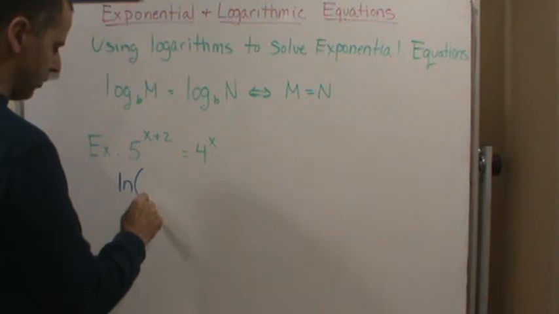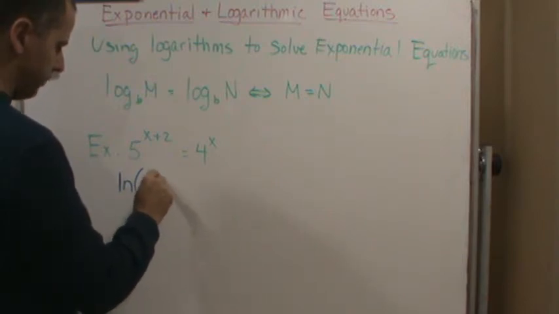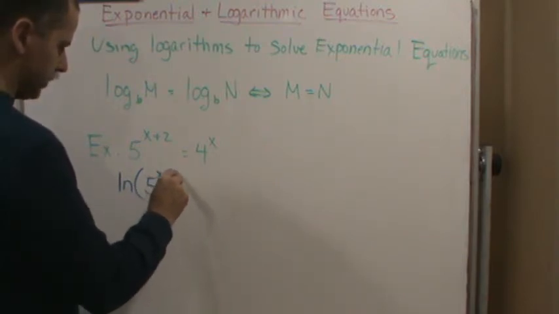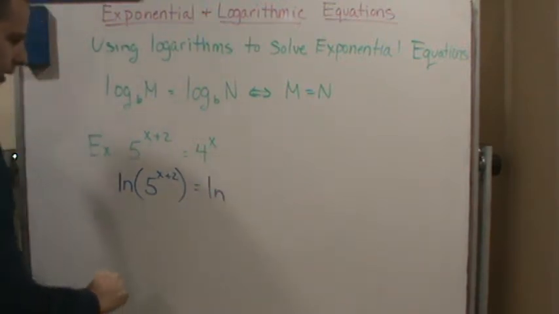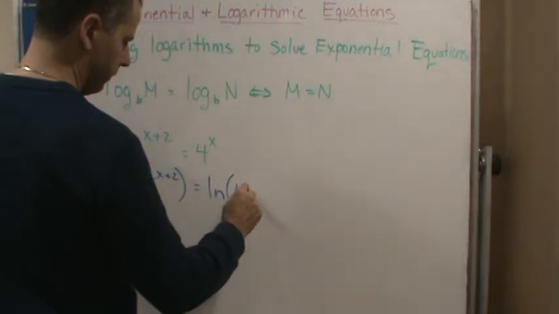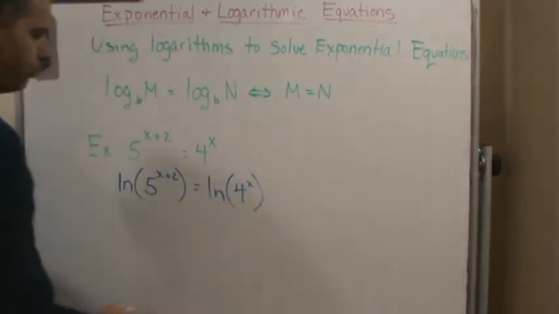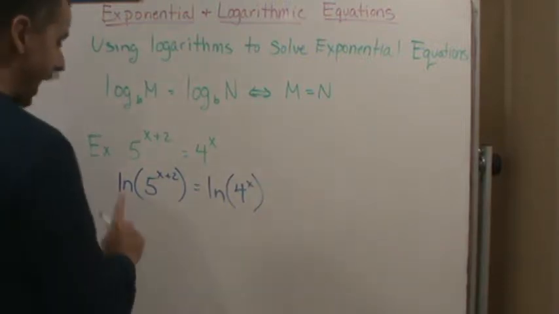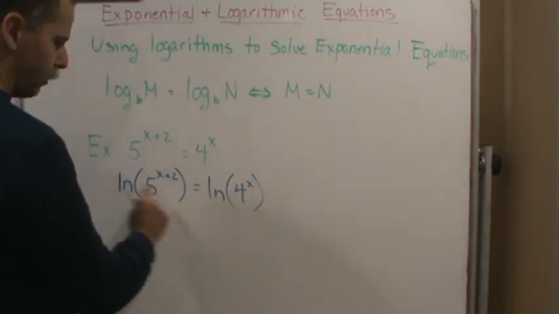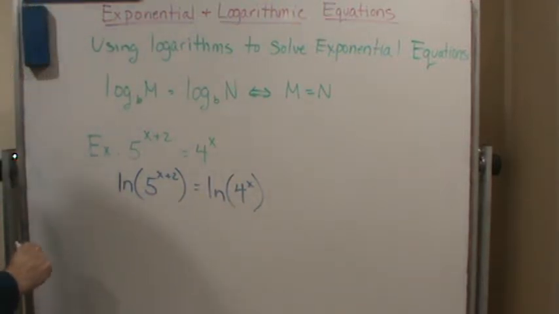So I'm going to take the natural log of 5 to the x plus 2 equals ln of 4 to the x. And now we get to use some properties of logs. Now I can take the exponents out, using the power rule.